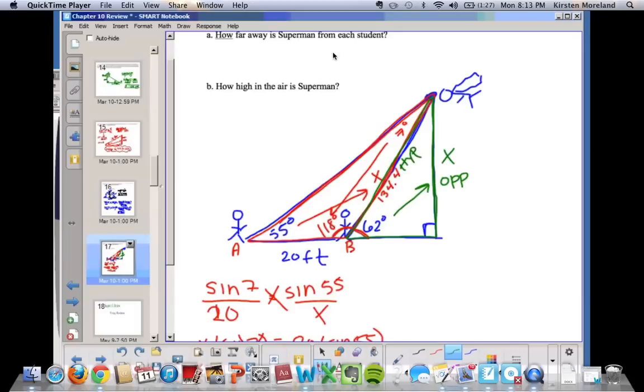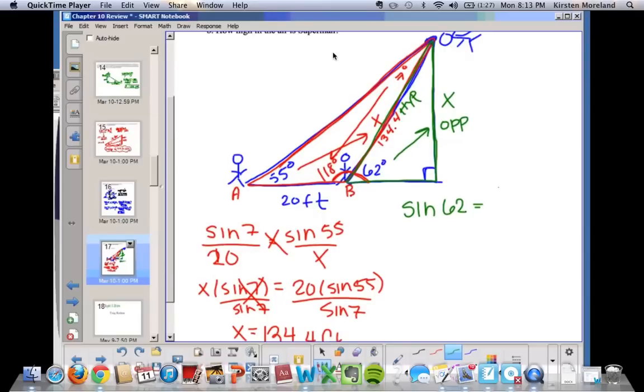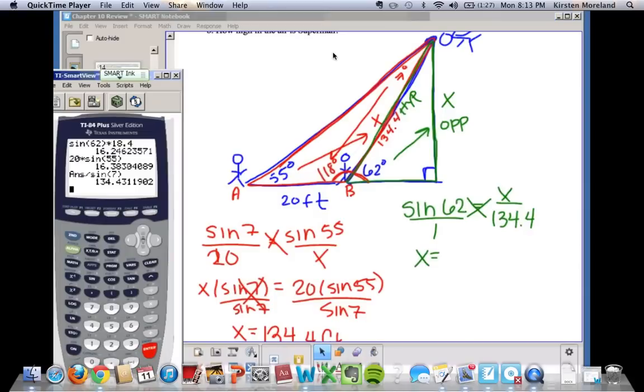I know the hypotenuse is 134.4. So I have sine of 62 equals x over 134.4. And what that's going to give me is the height that Superman is in the air. And so what I get is, times by 134.4, that Superman is 118.7 feet in the air.